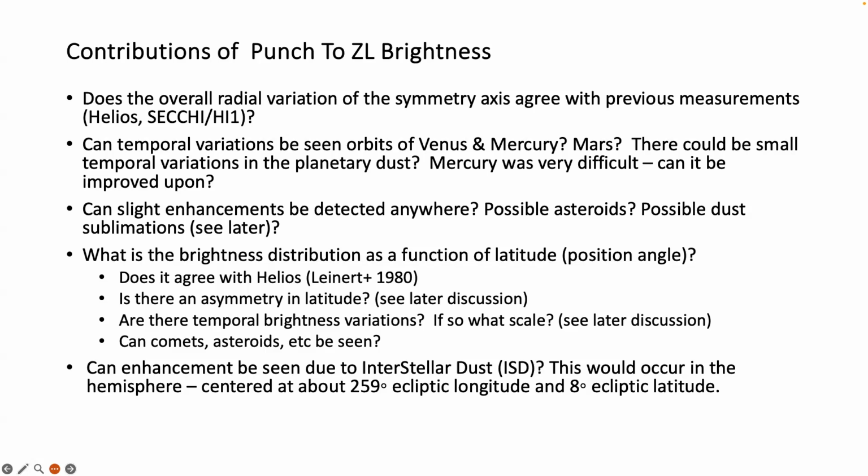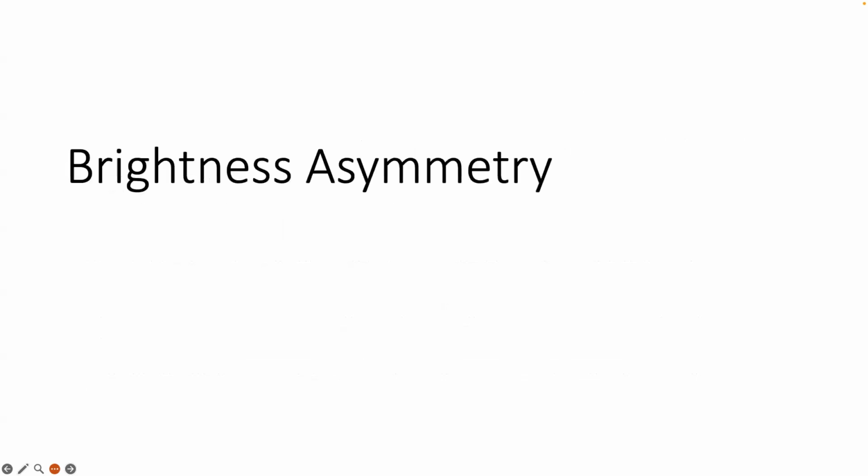People are seeing that dust because its makeup is slightly different than our dust, and so it's apparently there. And so, can you see it? But that only occurs every other cycle, and I'm not sure. This is the longitude. It's centered at about 259 degrees ecliptic, but I don't know which cycle it is.